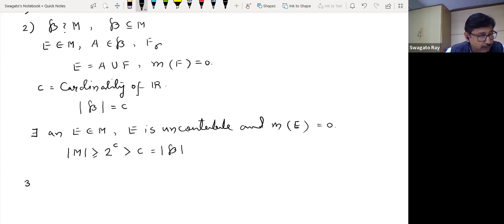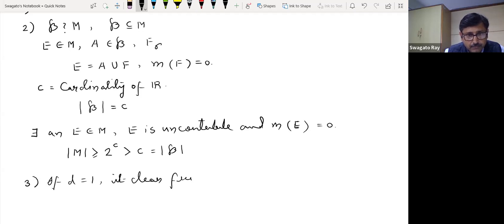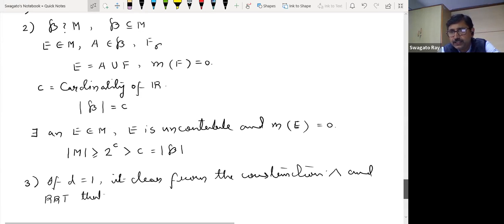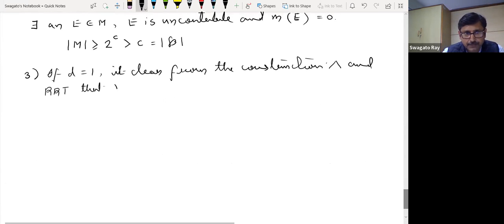The most important comment is the following, about the way we have defined the positive linear functional. If d equals 1, it's actually true for any d, but I'm writing it for d equals 1. It's clear from the construction of the positive linear functional, big lambda, and the Riesz representation theorem that the following holds true: this positive linear functional is given by a measure.